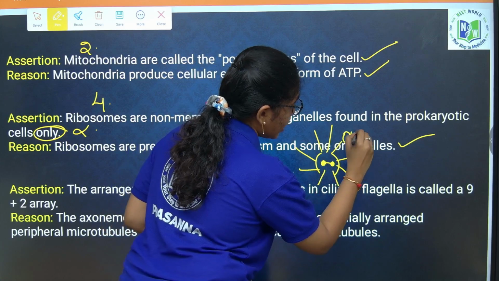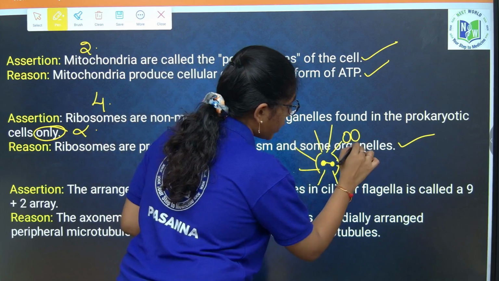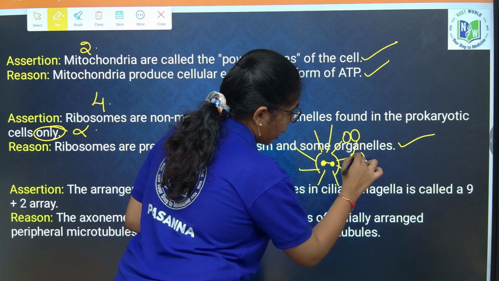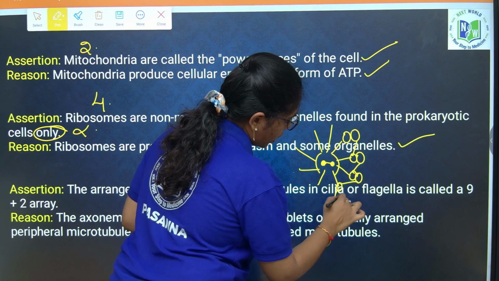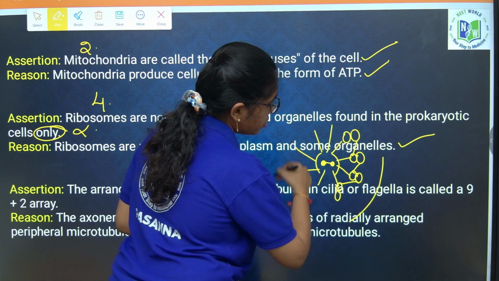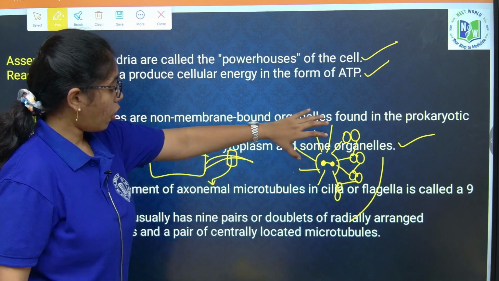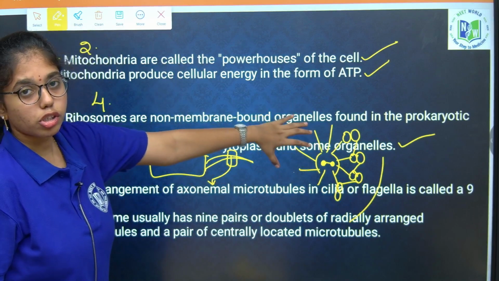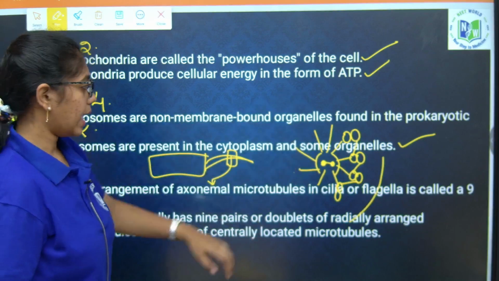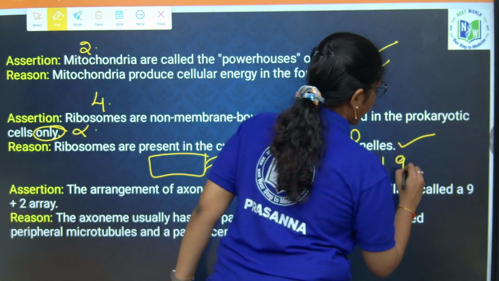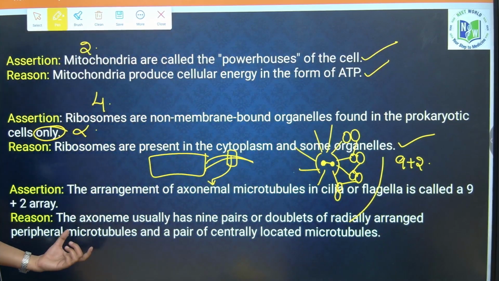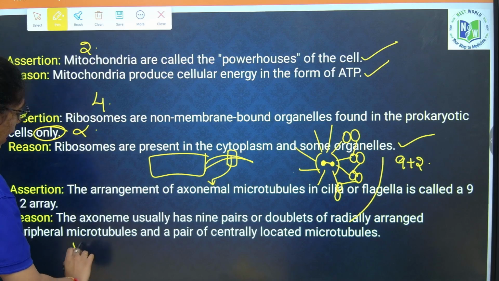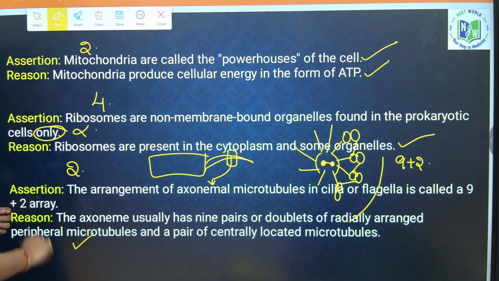To each radial spoke, 2 peripheral doublets of microtubules are attached like this. This forms the axonemal microtubules of either flagella or cilia. This is what arrangement? 9+2 arrangement. So, here assertion is true and reason is also true. Then our answer will be option 2.